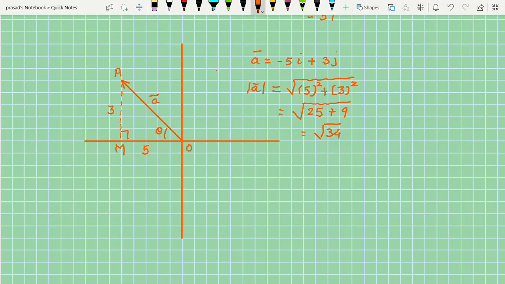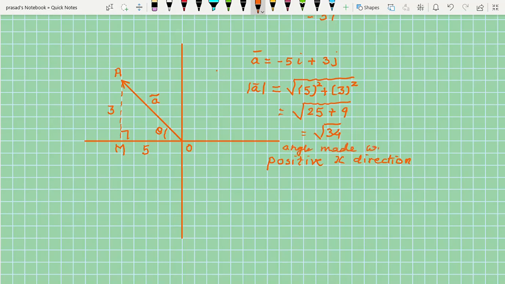Now suppose I want to express the angle as the angle made by the vector with the positive x direction.